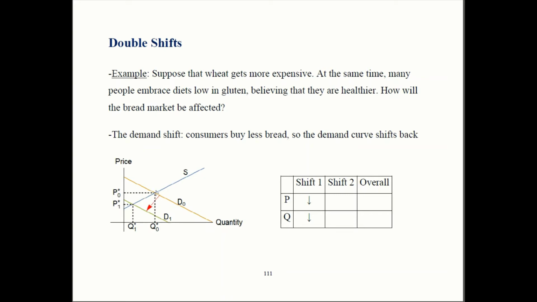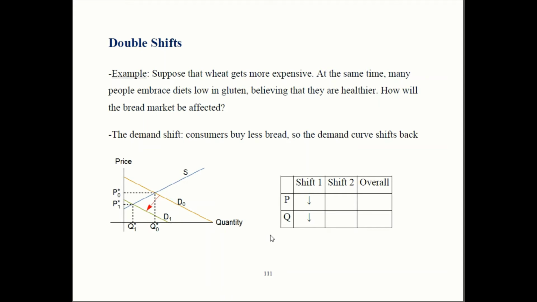The new equilibrium is where a new demand curve back here meets supply. That's P1, Q1. You can see that prices have fallen. P1 is below P0. Q1 is also below Q0, so quantity falls as well. So P goes down, Q also goes down. We put two down arrows in our table.